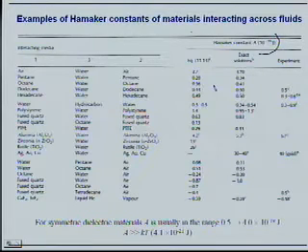Now the first thing that you can see here is that the Hamaker constant, typically when we have a symmetrical system, is in the range of 0.5 to 4 times 10 to the minus 19 joules. In order to understand how important this is, you can compare it to what? To kT. kT is 2 orders of magnitude smaller.